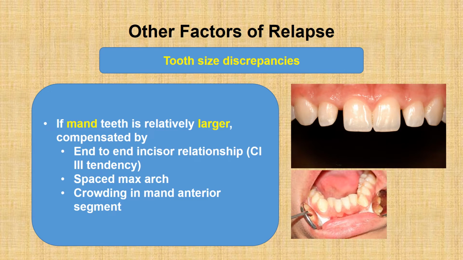Now, if the mandibular teeth are relatively larger, this is compensated by an end-to-end incisor relationship or a class 3 tendency. There tends to be a spaced maxillary arch and crowding in the lower anterior segment.